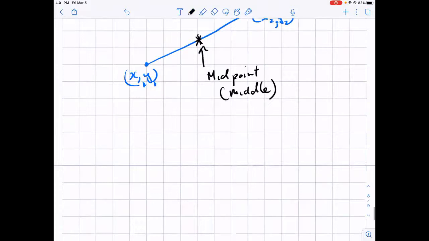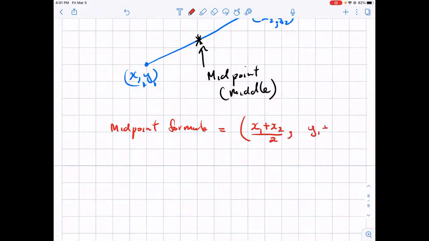So the midpoint formula is equal to x1 plus x2 divided by 2, comma, y1 plus y2 divided by 2.